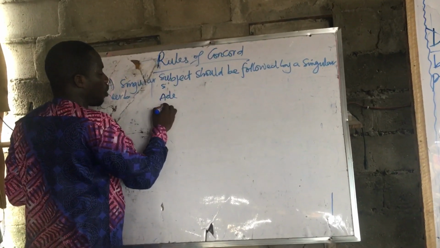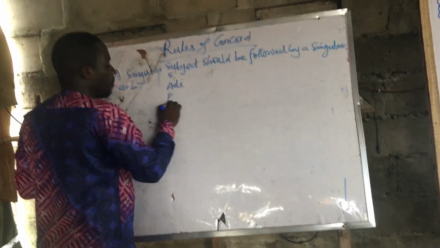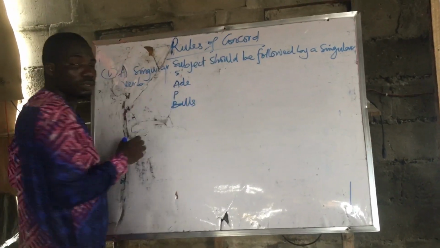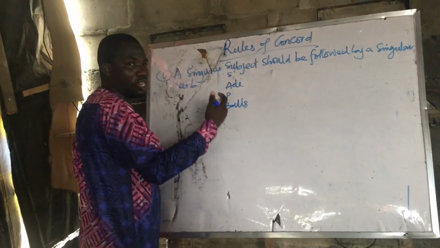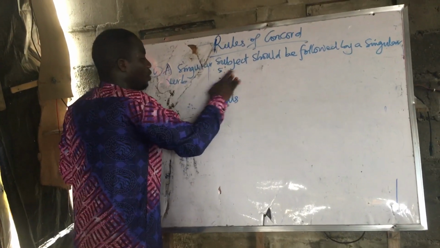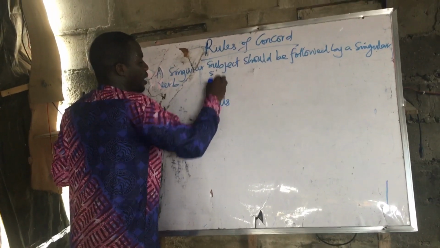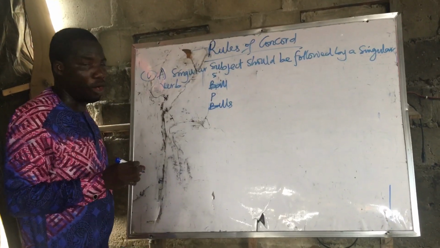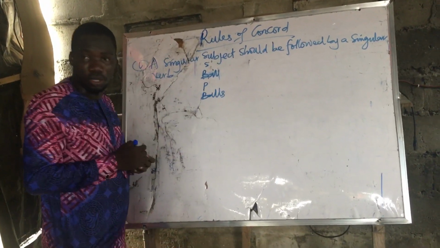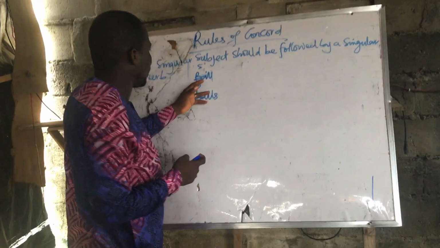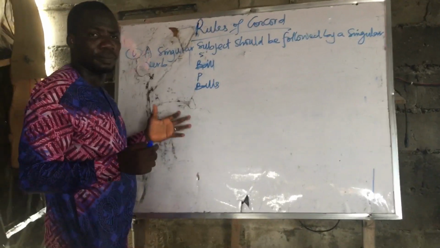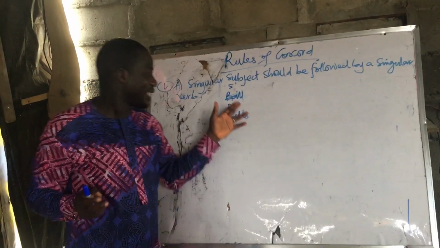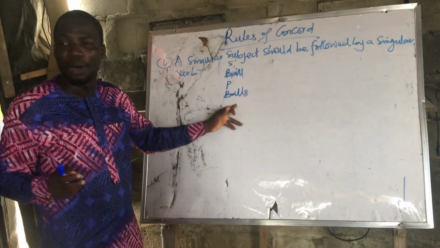And the plural form is what? We have balls. So in order for us to have something similar, let's take ball here. Singular ball and plural balls, right? What is the difference between these two? Class, what is the difference between ball and balls?